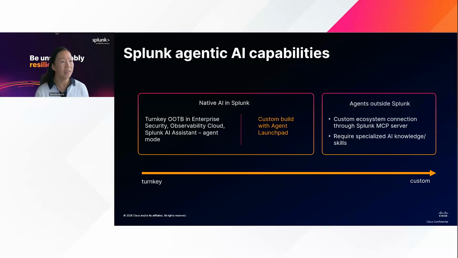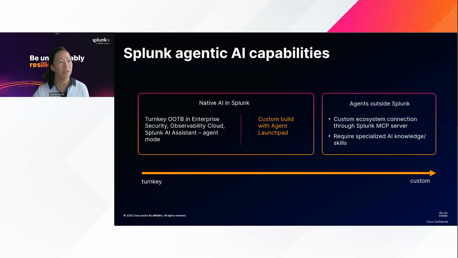And then the other option is, I think some of you know that we offer the Splunk MCP server, and this allows you to build agents outside of Splunk. So you may have more complex and different needs, and you're interested in building your whole ecosystem of what your agents are doing. And the Splunk MCP server gives you the flexibility to do that, right?